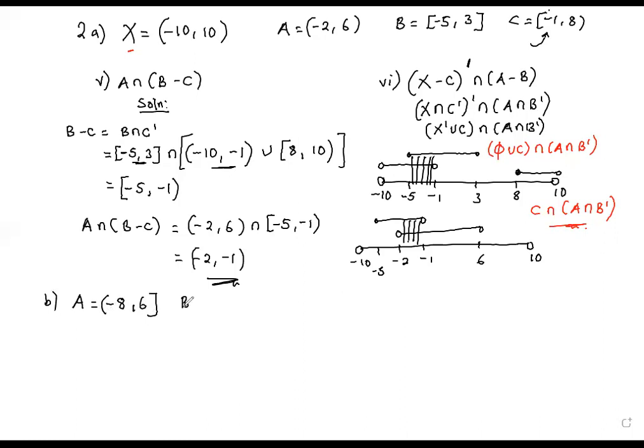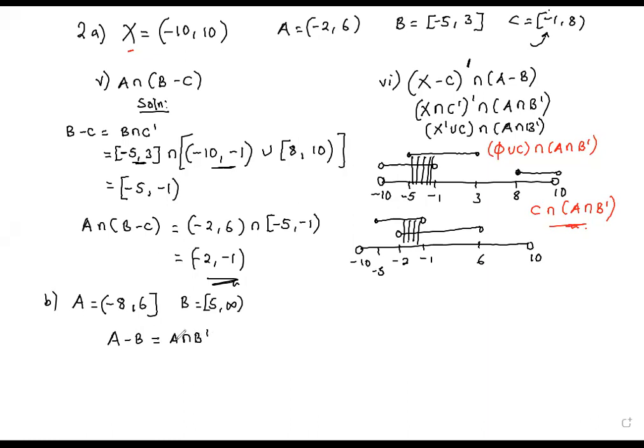And you have B as [5, infinity). Then they are saying find A minus B. So this means we want to find A intersection B complement.